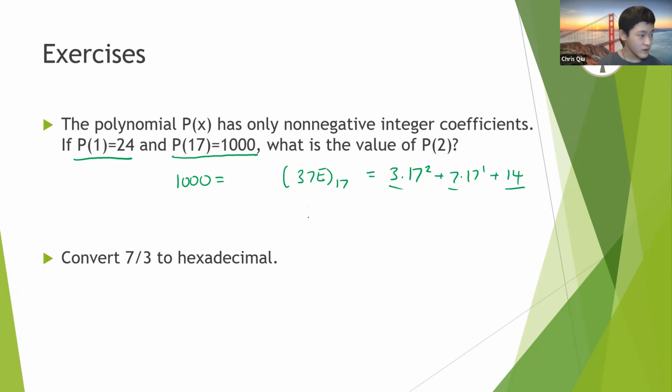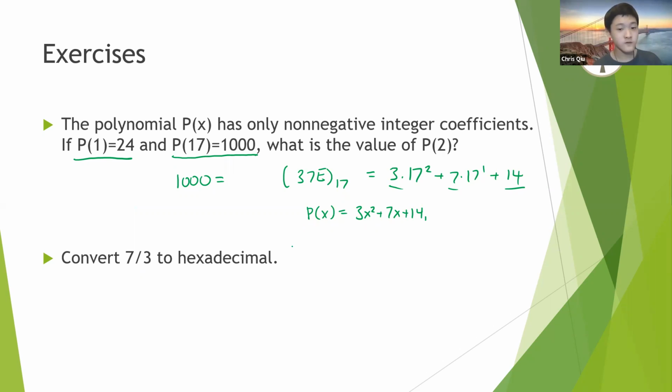So if our polynomial is p of x equals 3x squared plus 7x plus 14, these two conditions are satisfied, because 3 times 17 squared plus 7 times 17 plus 14 is equal to 1000, and 3 times 1 squared plus 7 times 1 plus 14 is equal to 24.